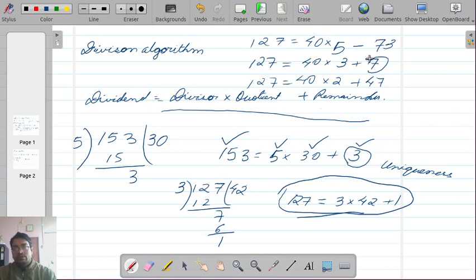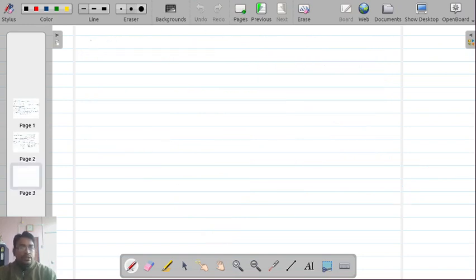Am I correct? 200 minus 70 is 130, 130 minus 3 is 127. I am poor at calculations. So this is basically the motivation behind studying the division algorithm. Let us state it properly. Division algorithm.